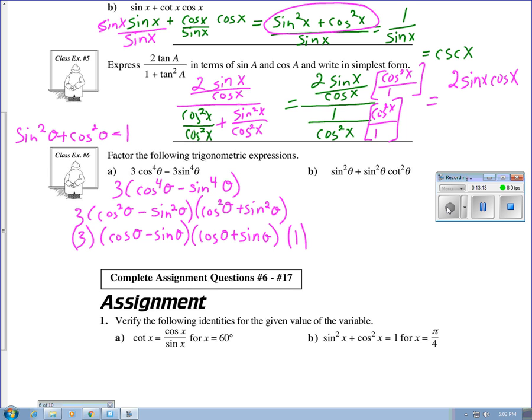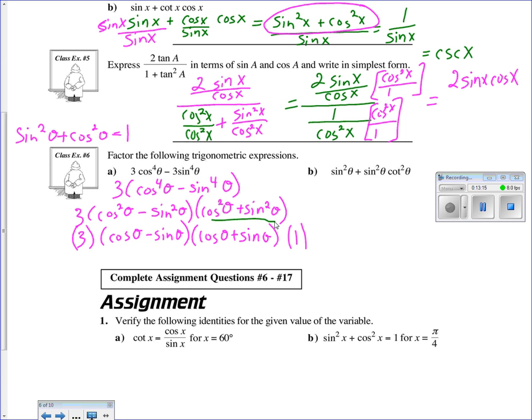Then I recognized that this is an identity I'm trying to learn. Cosine squared theta plus sine squared theta is equal to 1. So that gets replaced. And then I have another difference of squares. Cosine squared theta minus sine squared theta, square root of the first, square root of the second. Join them first with a plus and then with a minus. And then we're done. The answer simplifies into what you see.